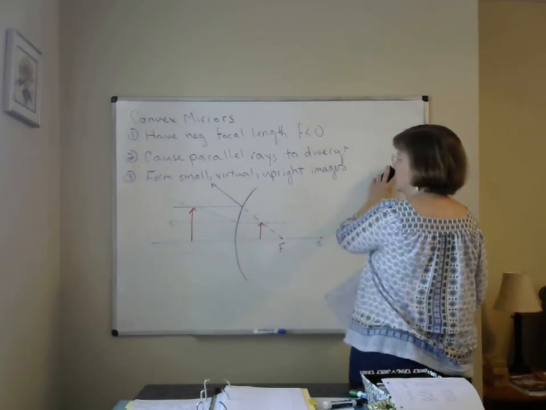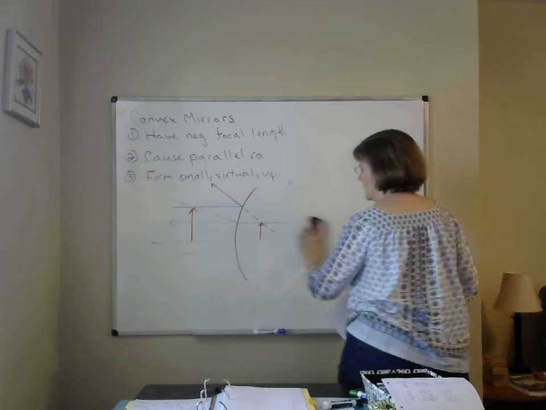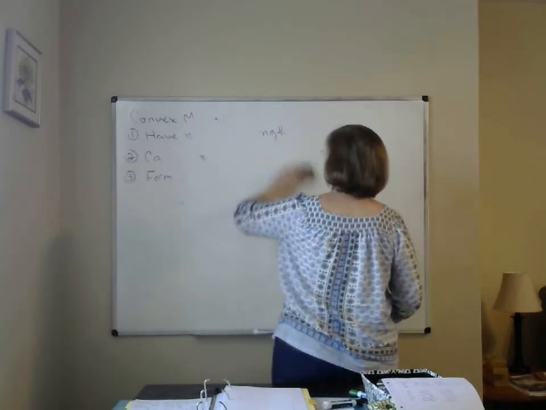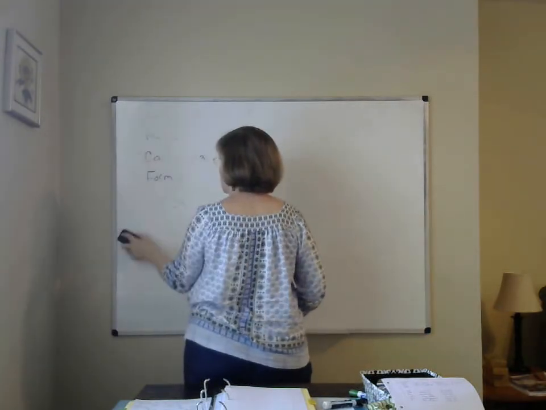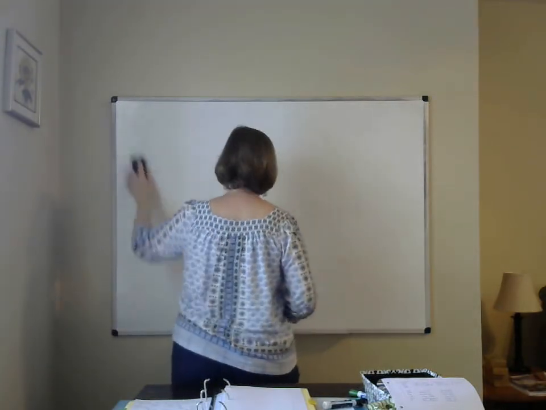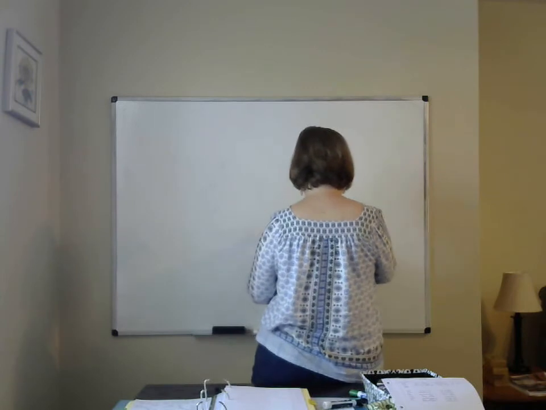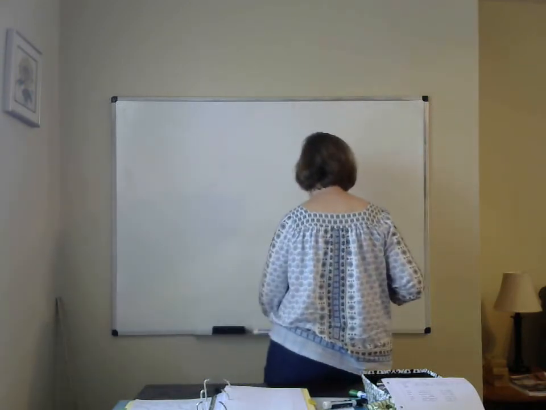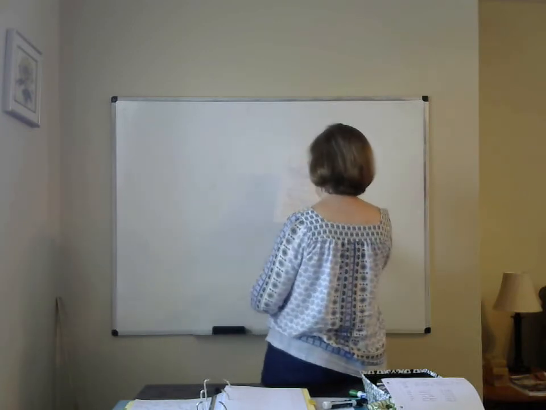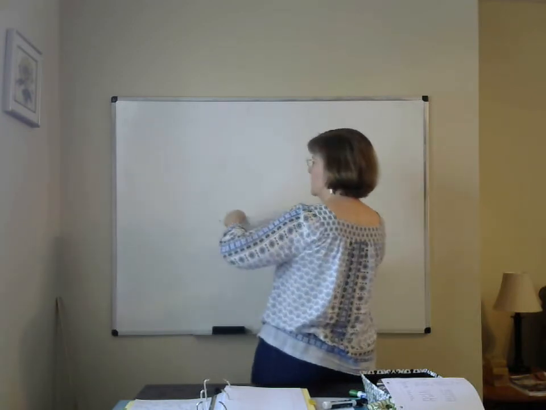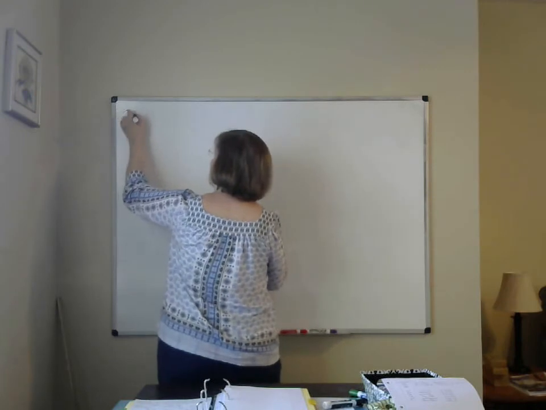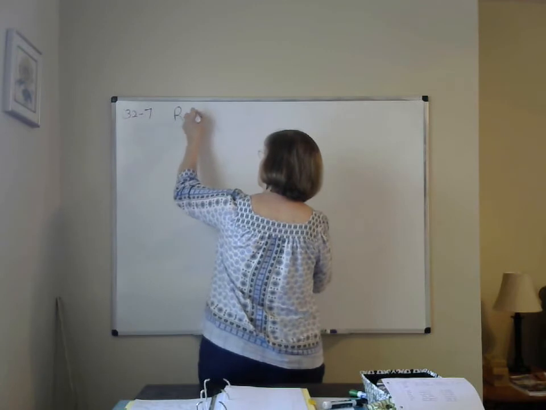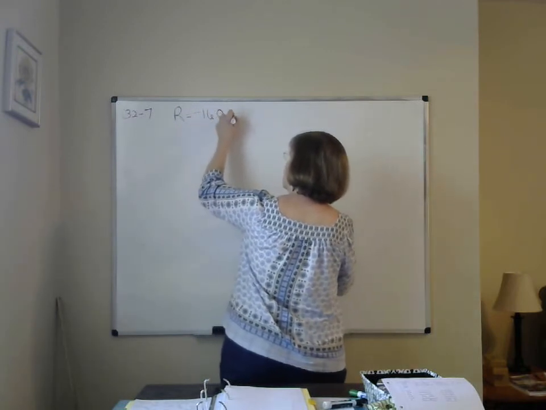So let's look at one example. Okay, this is example 32-7. In this, we are given a radius of curvature that is negative 16 centimeters.